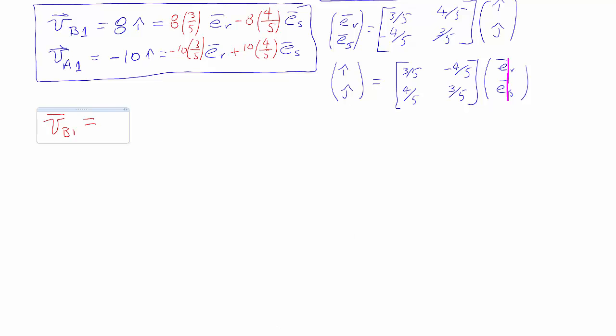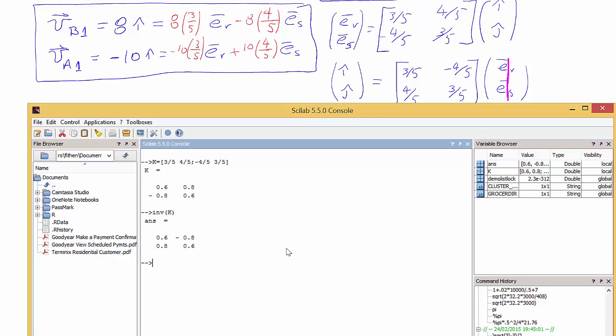I'm going to go into Scilab and see if there's some simplification here. 4.8, okay, and then 6.4, okay.